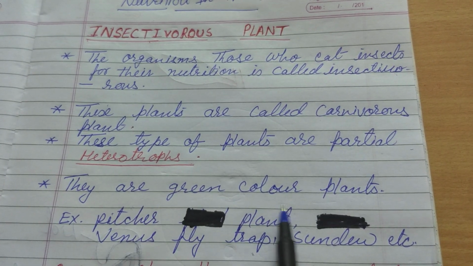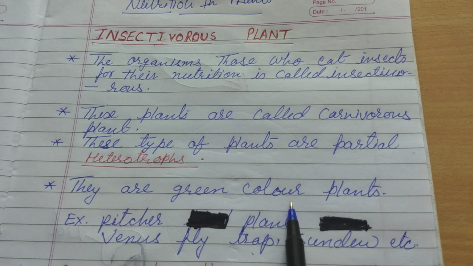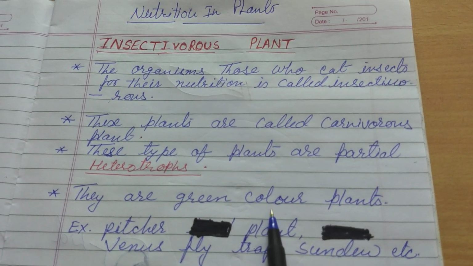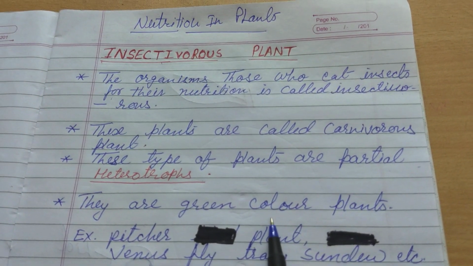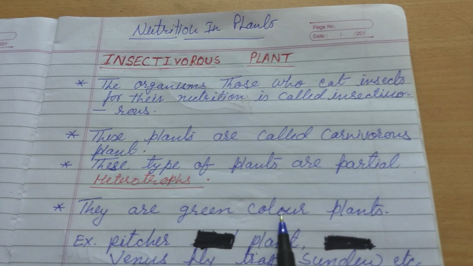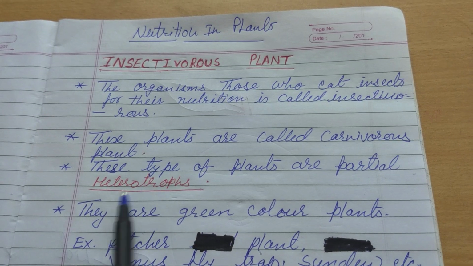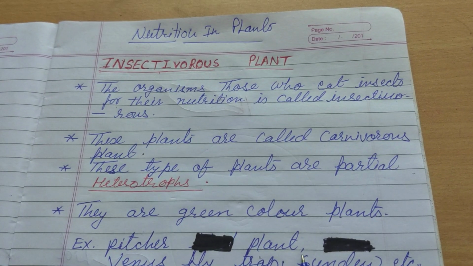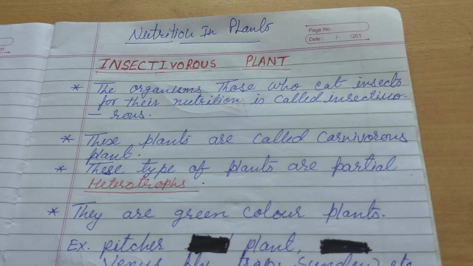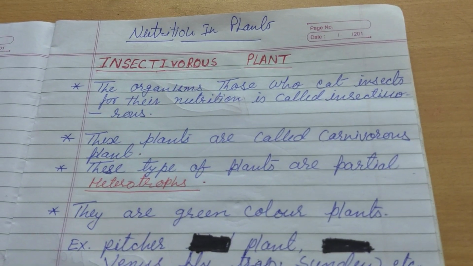Though these plants are green, that means they have green pigment. So actually we can say that insectivorous plants are autotrophic, but because they partly depend on others, they are also considered heterotrophs here.